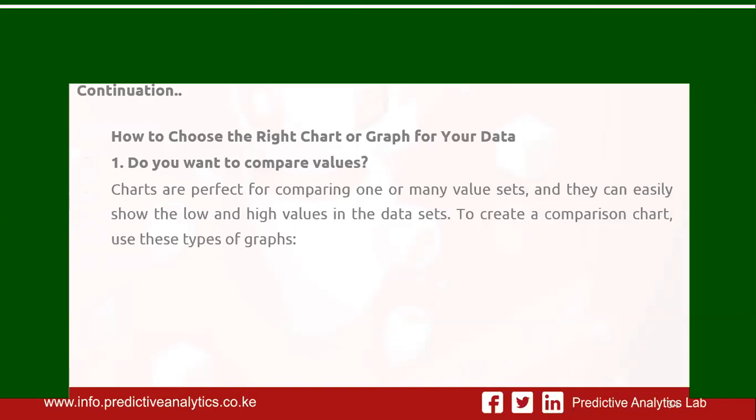Number one is a column chart. You can refer to the demo link that I gave you, look for column charts. So we have a column chart, a tree map, a bar chart, a pie chart, a line chart, a scatter plot, and a bullet. Those charts are useful when you want to create comparisons. So when you want to compare values, you use these types of charts.